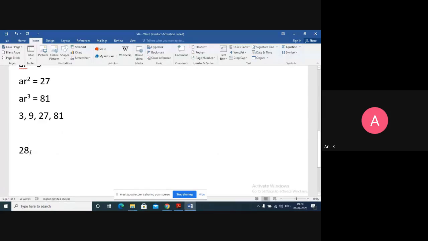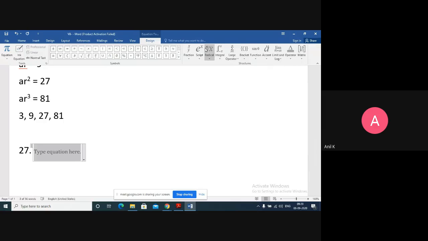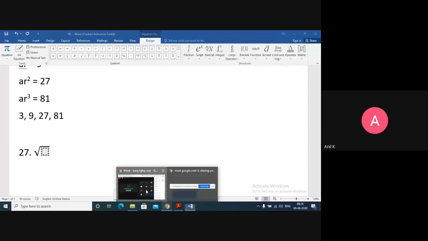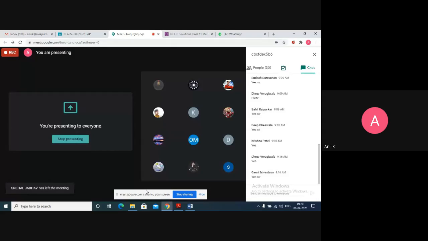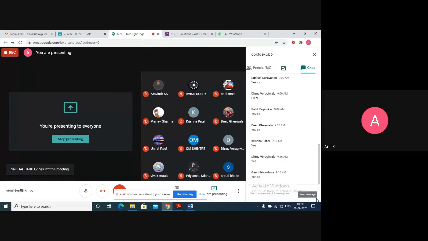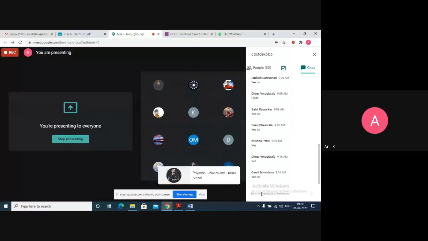This is question number 27. What is the geometric mean of given two numbers a and b? What is the formula of geometric mean? What we discussed, the geometric mean formula? Arithmetic mean is a plus b upon 2.